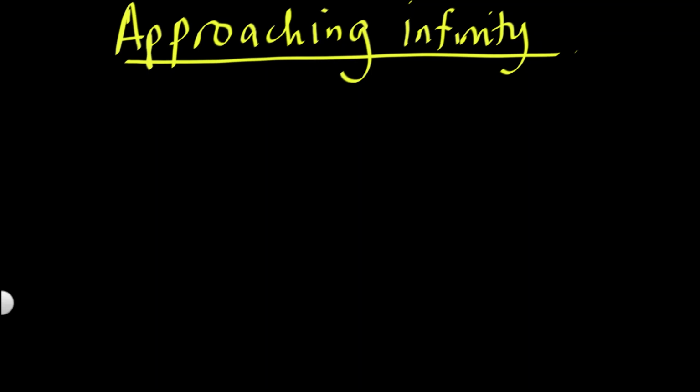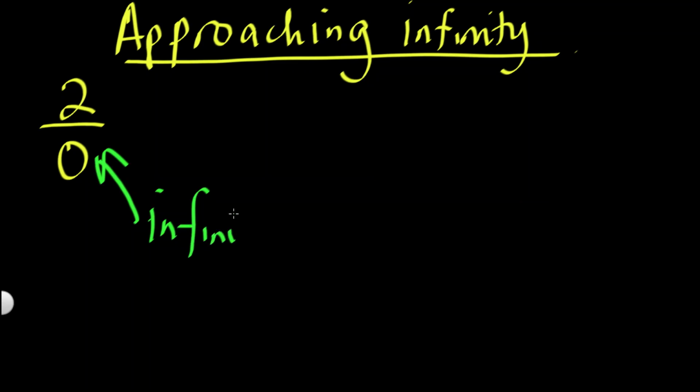One of the versions that I like is, let us say we say 2 over 0. 0 itself is an infinitesimally small number. So 0 is infinitesimally small.